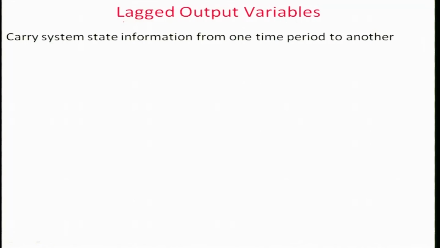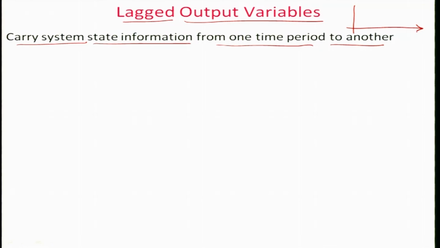Okay. The next variable we are going to talk about is the lagged output variables. The lagged output variables are a unique category of variables in the case of simulation, because these variables can carry the system state information from one time period to another. Remember that we drew the graph of the behavior of the system, and on the x axis we had time, and on the y axis there were different factors that we were measuring, and we were seeing that the behavior of the system was doing something like this.